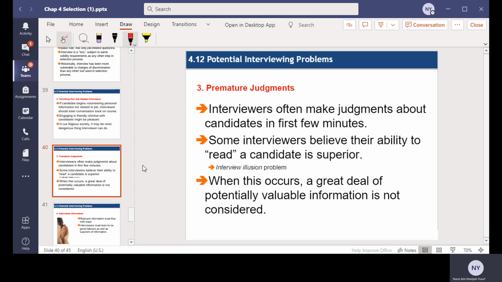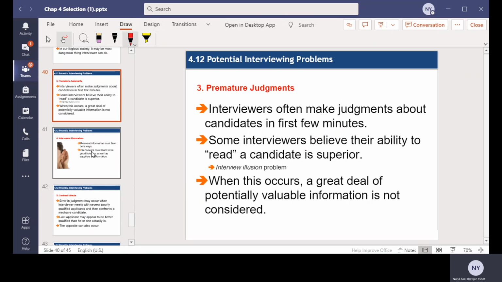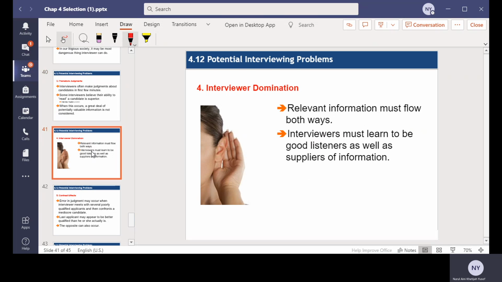All right, and then another problem is interviewer domination. Relevant information must flow both ways. Definitely, because in the interview, the main aim is to get as much information as possible about the candidate's previous job experience and qualification.